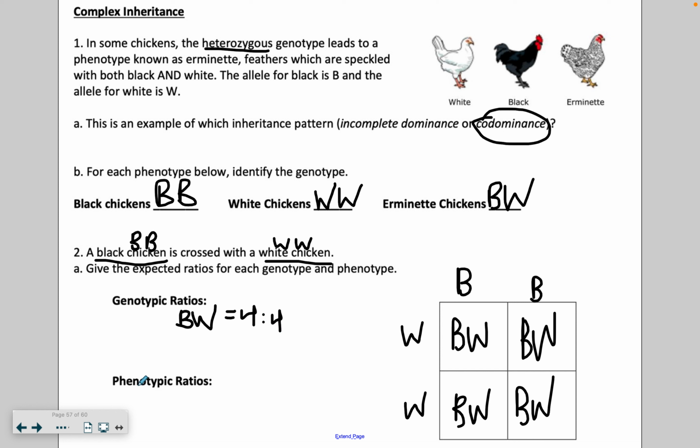Now they want to know your phenotypic ratio. Well, I only have one genotype. If you're big B, big W, what type of chicken are you? You're this speckled erminant. I really should have just looked up how to say that word. I'm just going to abbreviate it ERM. All right, 4 out of 4.